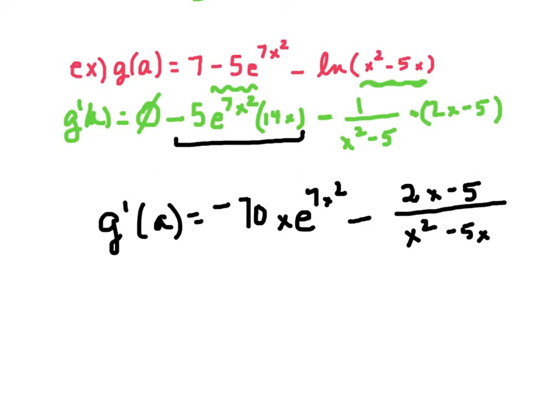Little typo there, right? 1 over x squared minus 5x times 2x minus 5, but this may be the simplified version. It's really not that it's simplified, but it's really just kind of tying up some loose ends there.